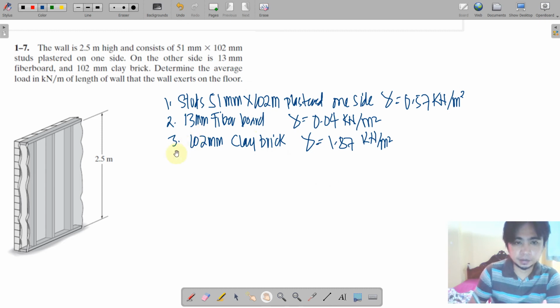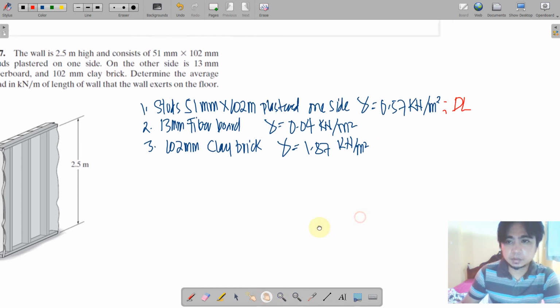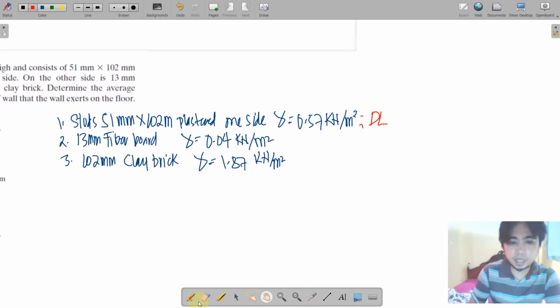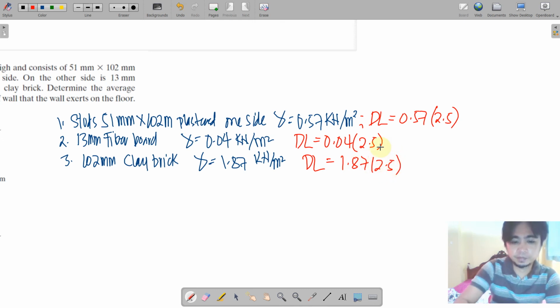So the corresponding dead load, we have a height of 2.5, so dead load is 0.57 times 2.5, and then for this one 0.04 times 2.5, and for this one 1.87 times 2.5.